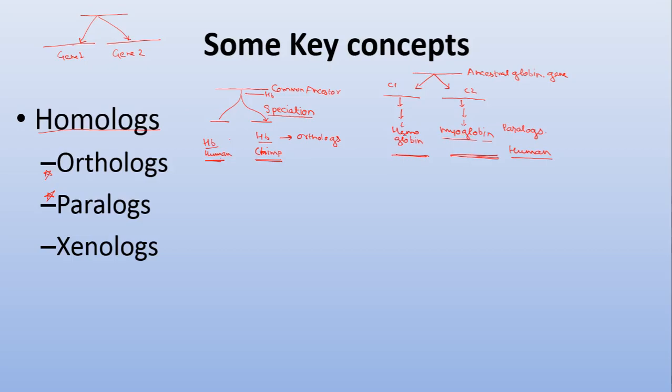Since hemoglobin and myoglobin were derived from a common ancestral gene, these are homologs of each other. And since they perform different functions but in the same species, we call them paralogs of each other. So paralogs appear due to evolutionary events like gene duplication followed by mutation.